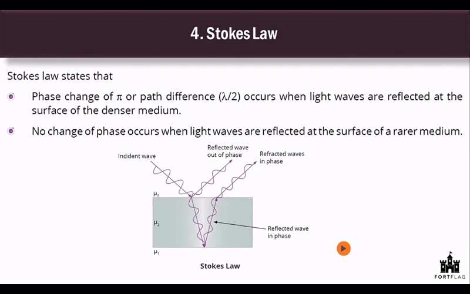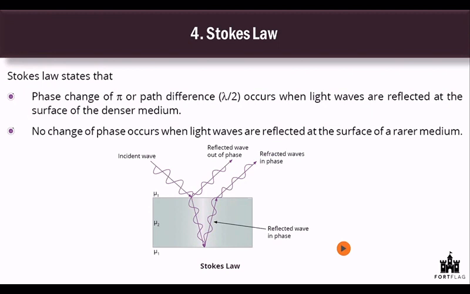Okay, so here you can see the incident wave, which is getting reflected at the top surface of the block, and the reflected light is out of phase with the incident wave. Some of the light is getting transmitted inside the block, which is the denser medium.